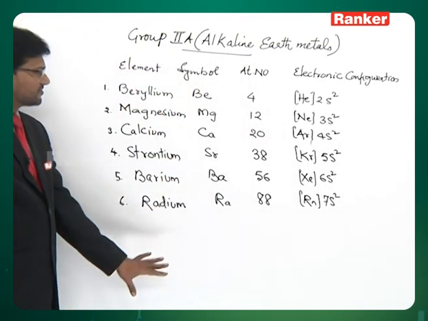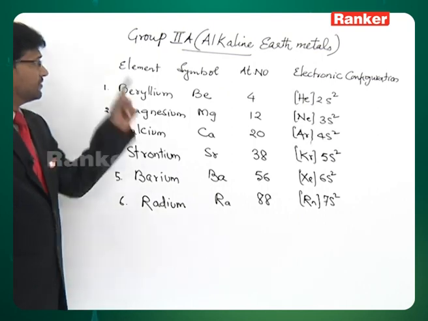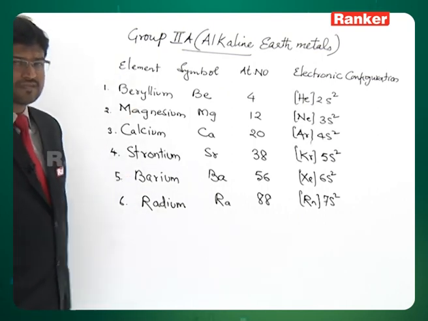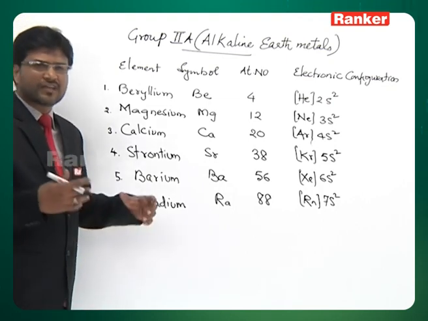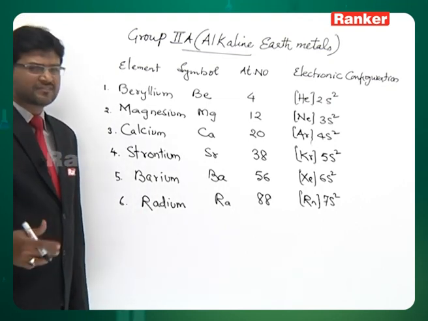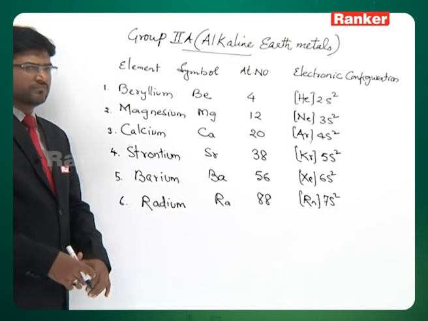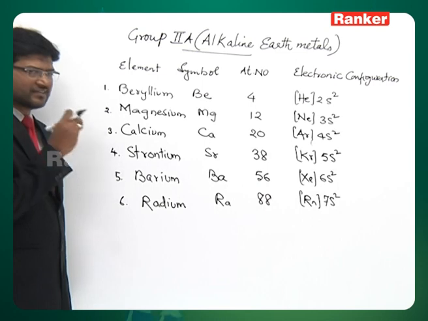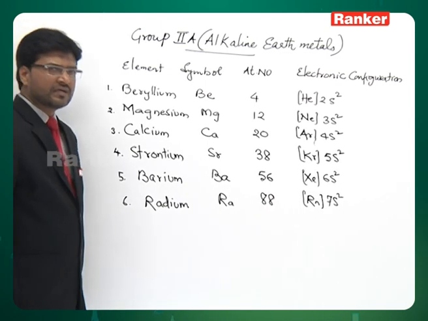So this is the list of elements you have in group 2A. These elements are collectively called alkaline earth metals. The reason is their oxides are basic, and most of the earth contains oxides of these metals.